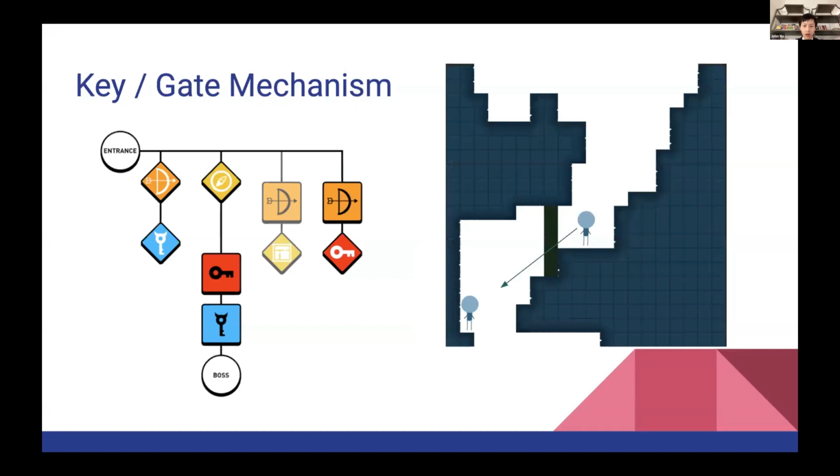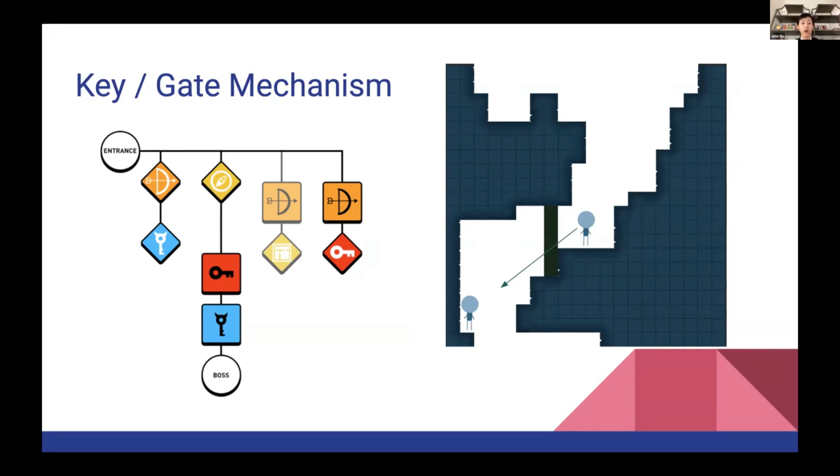Going a little more specific into the key/gate mechanism, this is one of the focus points of this research. A key and gate mechanism is any mechanism where you have a key, which is anything the player can pick up and use to get through an obstacle, preferably later on in the level.